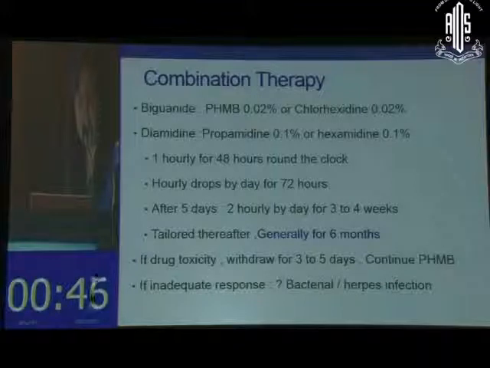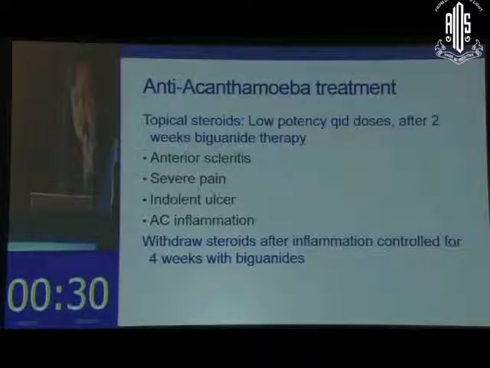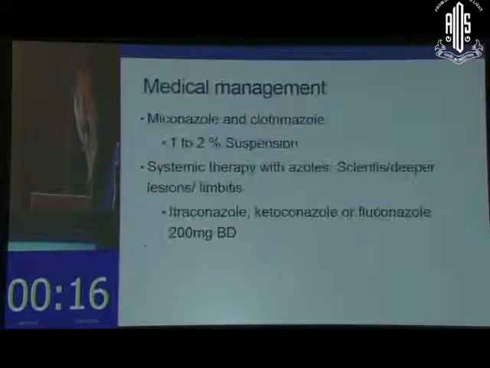If there's drug toxicity, one can withdraw the drugs for 3 to 5 days and then continue PHMB. And if there is an inadequate response, then always think of a superadded infection with bacteria, fungus, or herpes. Topical steroids have been advocated in low-potency QID doses after 2 weeks of biguanide therapy, especially in cases where there's anterior scleritis, severe pain, indolent ulcer, and AC inflammation, and withdraw the steroids after inflammation is controlled for 4 weeks with the biguanides.